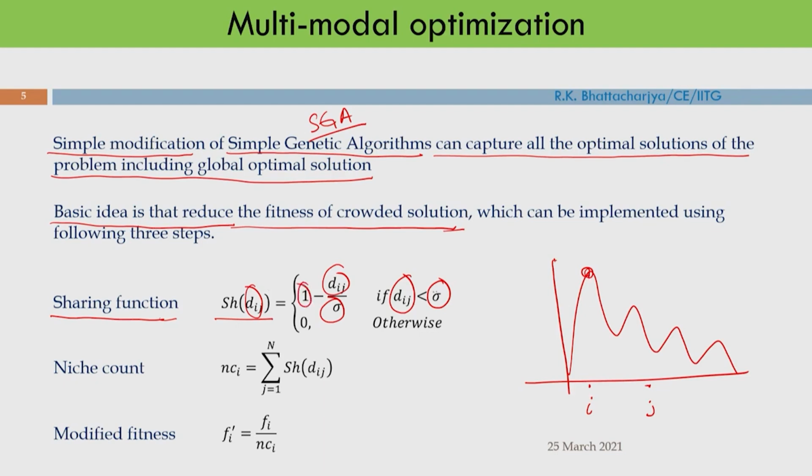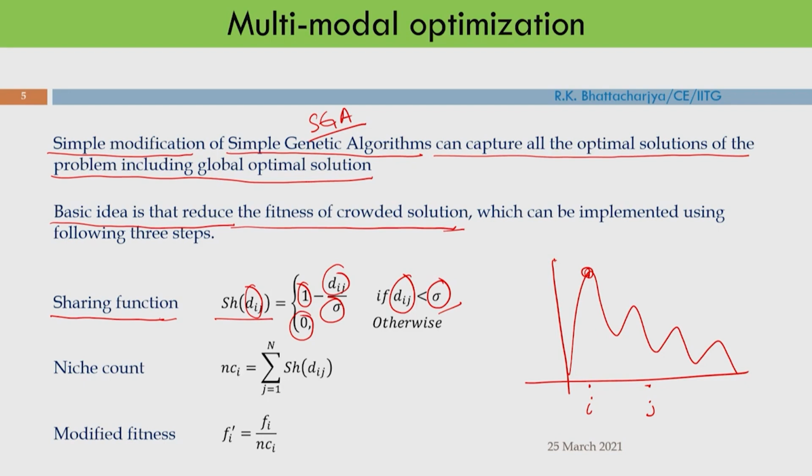Otherwise, if Dij is greater than sigma, I will put 0, so I will not say that the particular solution is crowded. So, I check whether Dij is less than sigma; if it is, I calculate the sharing function value using 1 minus Dij by sigma, otherwise the sharing function value is 0.